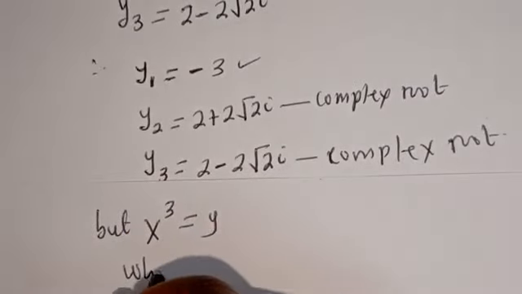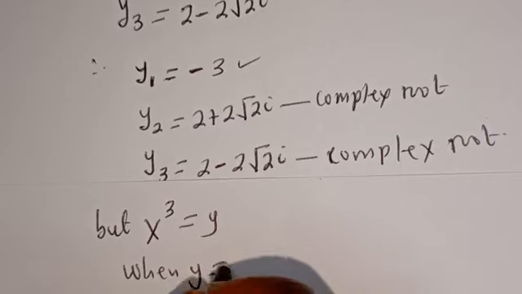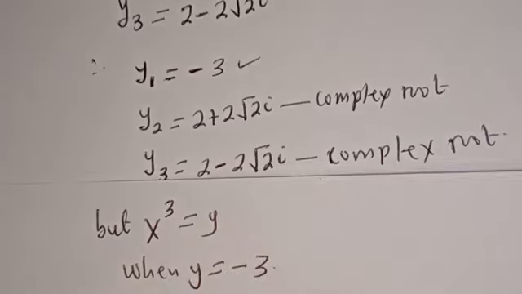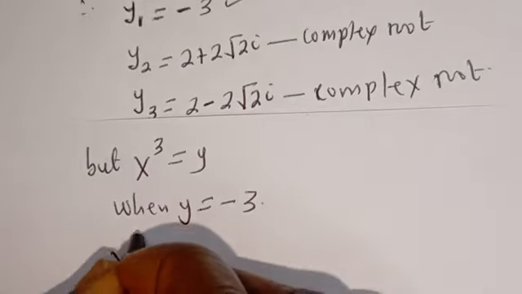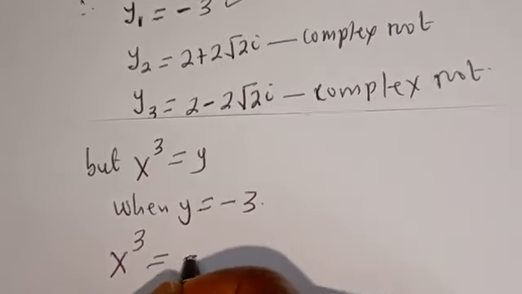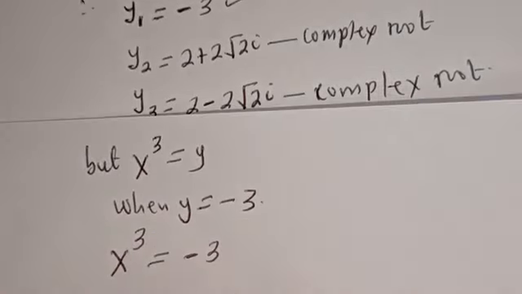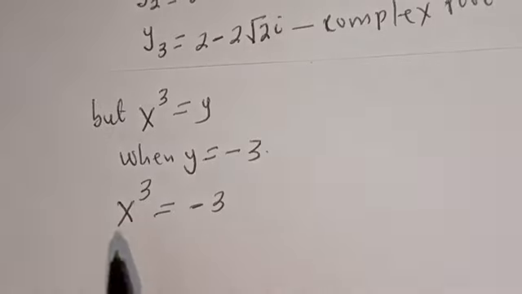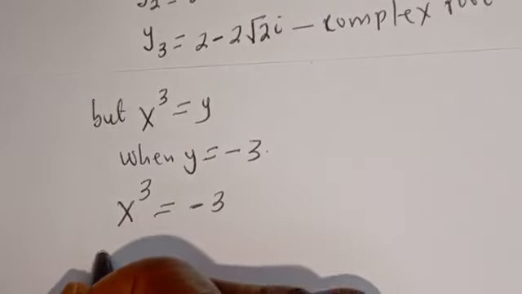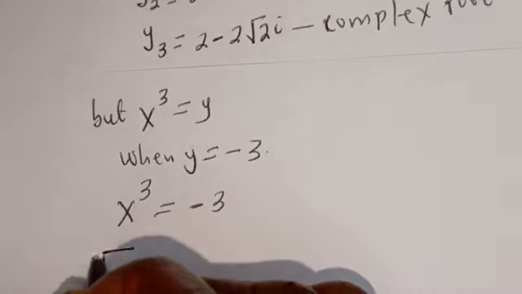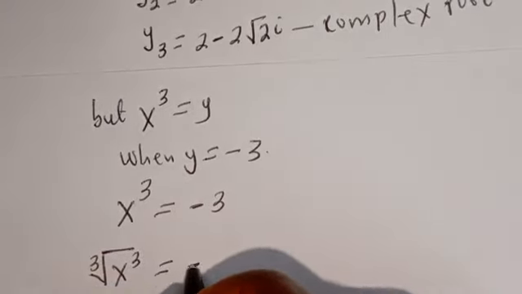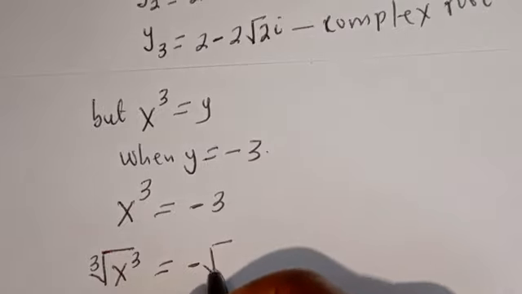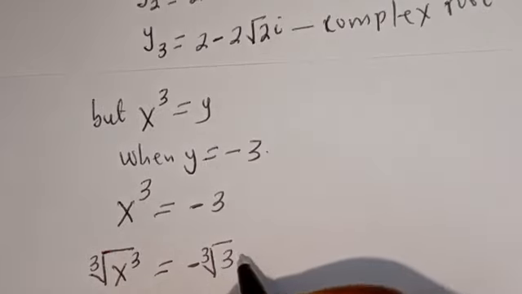Then when y is equal to minus 3, here we have s to the power of 3 is equal to minus 3. Let's take the cube root of both sides of this equation. We have cube root of s to the power of 3 is equal to minus cube root of 3.